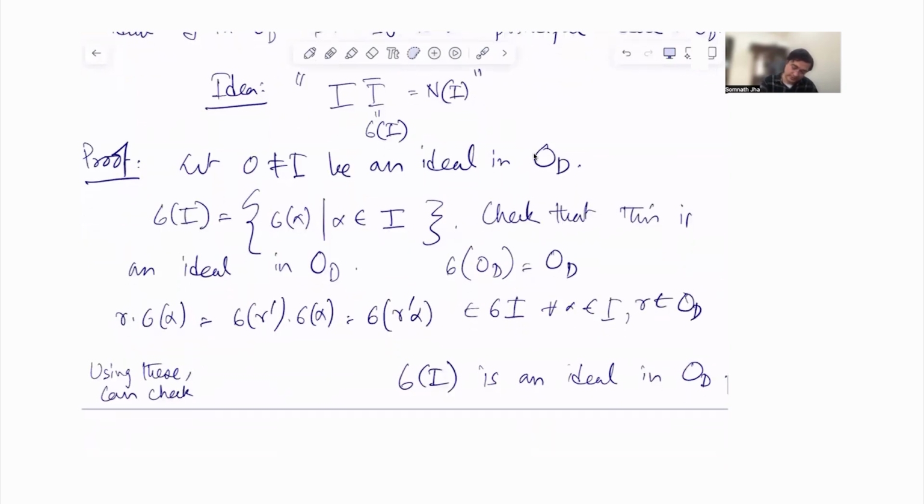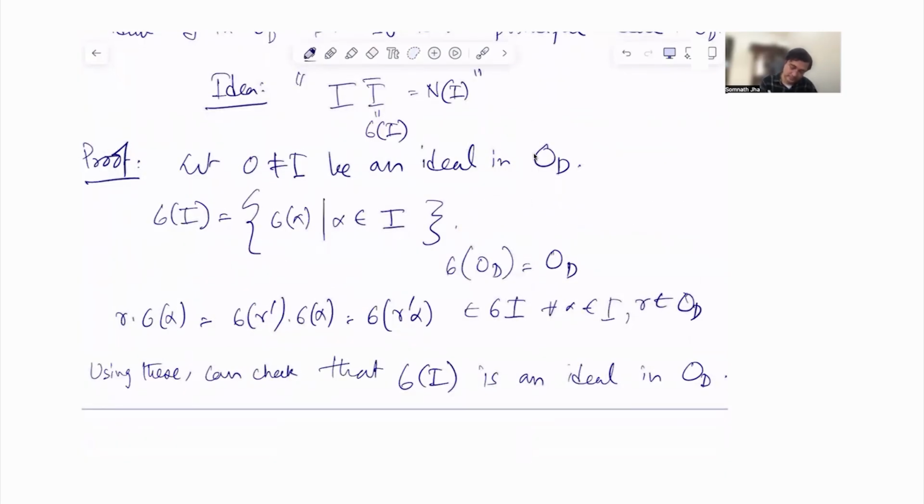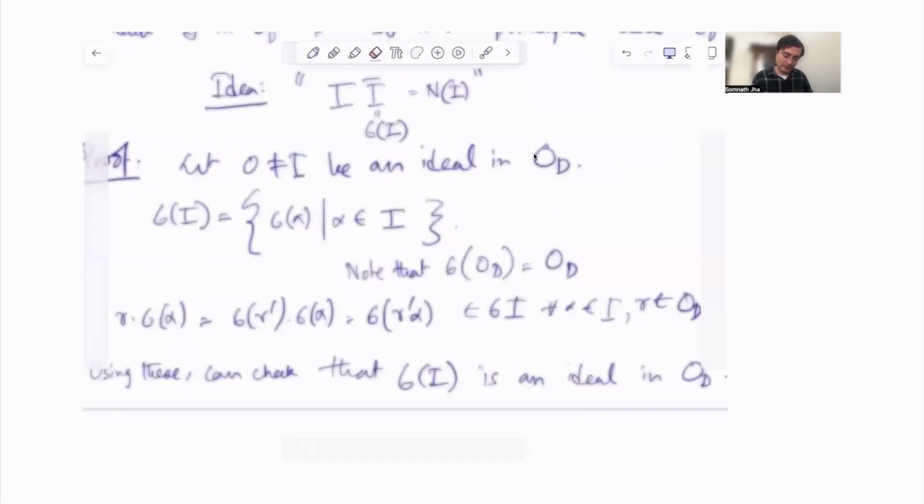So using this, you can check that. What we observe is this.